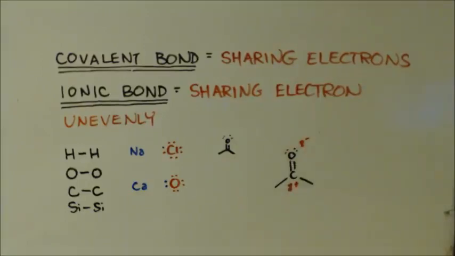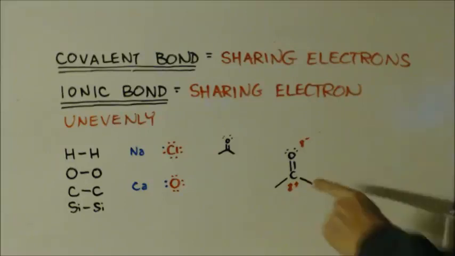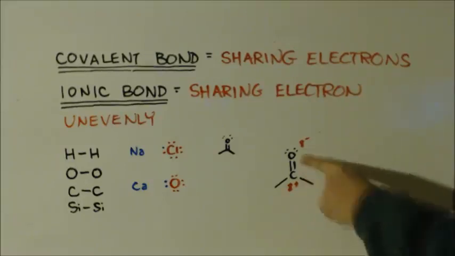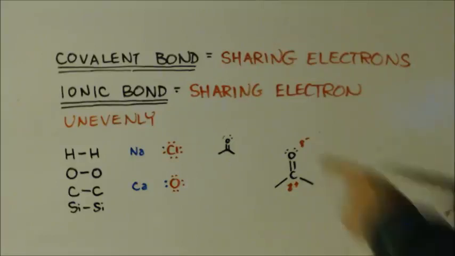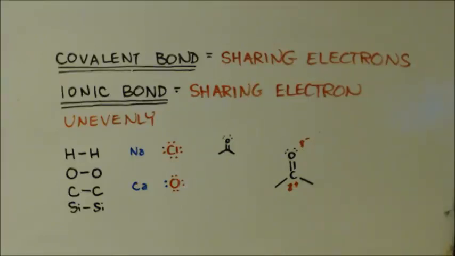Here's a drawing of a picture of acetone. Okay? I drew it up bigger here so you can see the carbon and the oxygen. Which one's more electronegative? The oxygen, according to the Pauling scale, right? So, if this is more electronegative, that means it's going to hog the electron more.